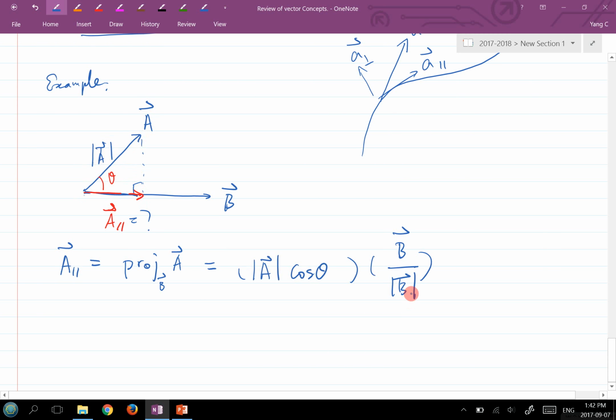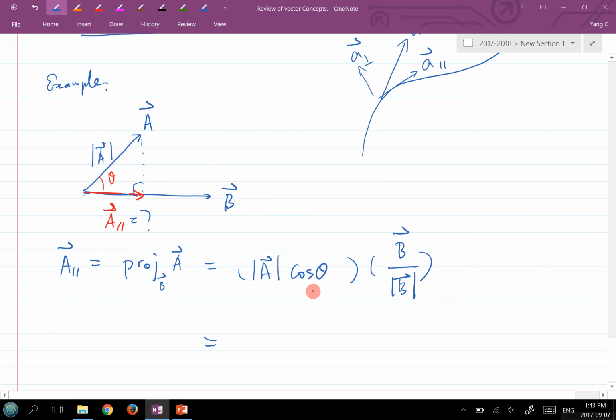But the tricky thing is you have a mixture of theta, A and B, so that doesn't look very pretty. We want to be consistent. Maybe we want a formula that deals with only A and B, because this is the given information. So we want to get rid of the cosine theta. How do I get rid of the cosine theta?